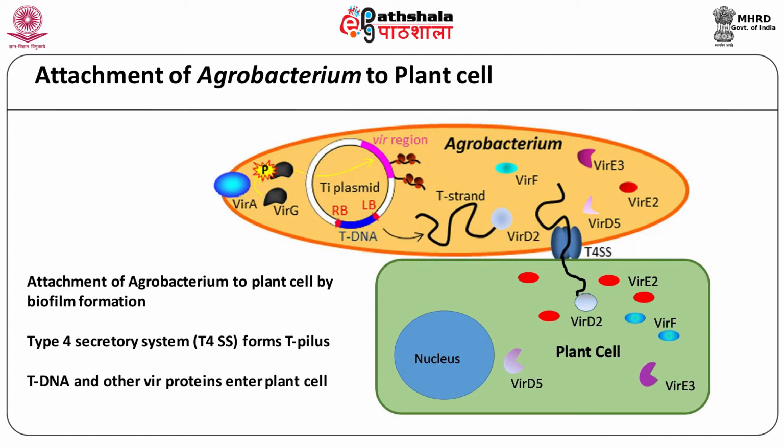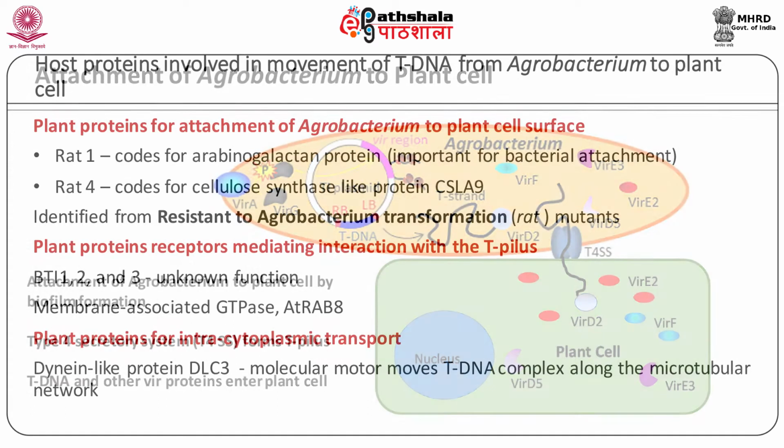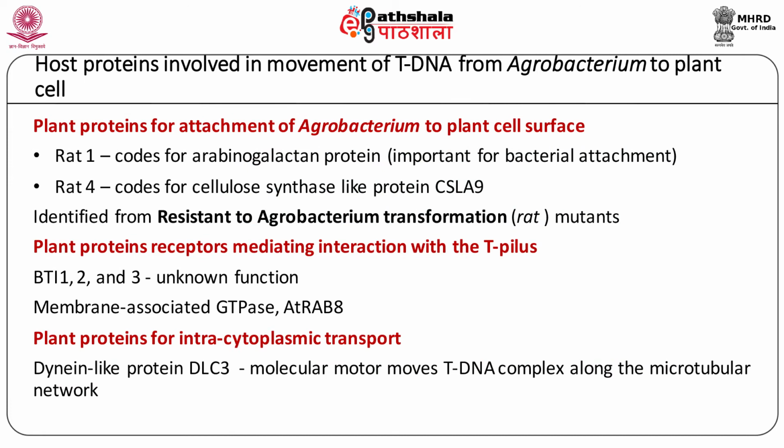The initial attachment of bacterium to plant cell is consolidated via the synthesis of bacterial exocellular glucans, leading to biofilm formation. Some plant genes coding for glycoproteins and a cellulose synthase, when mutated, led to resistance to Agrobacterium transformation.